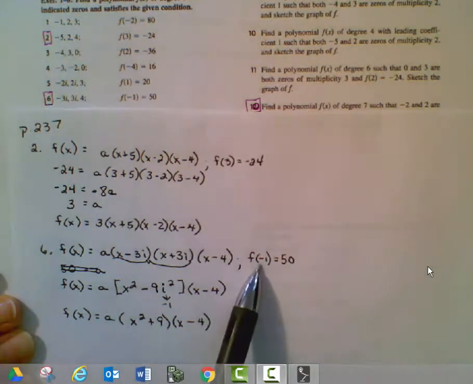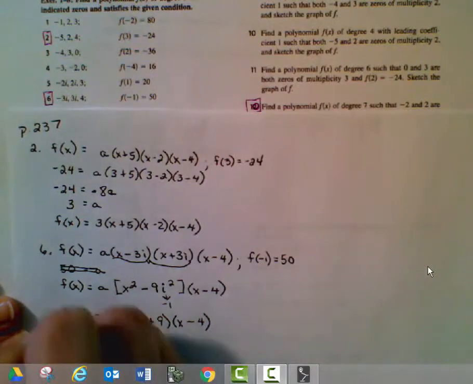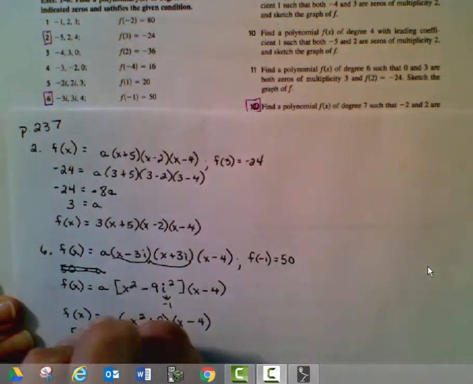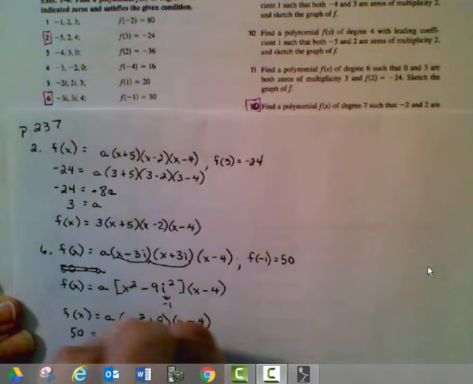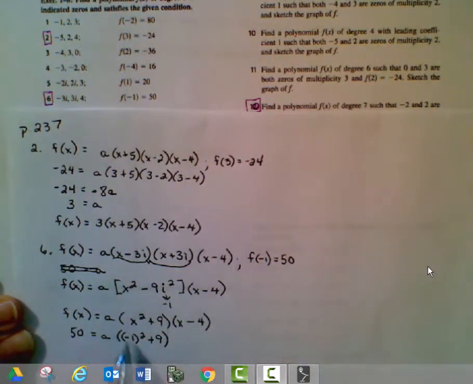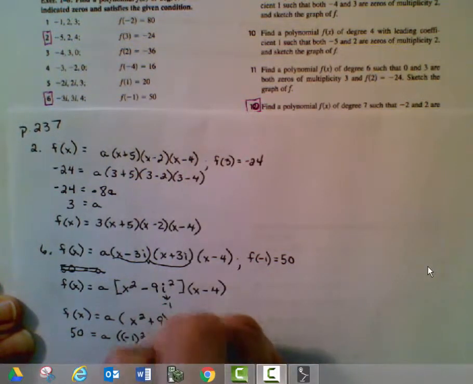When x is -1, y is 50. Make sure when you're substituting a negative in place of a variable that's raised to a power, you keep the negative inside parentheses so that it's part of the base.